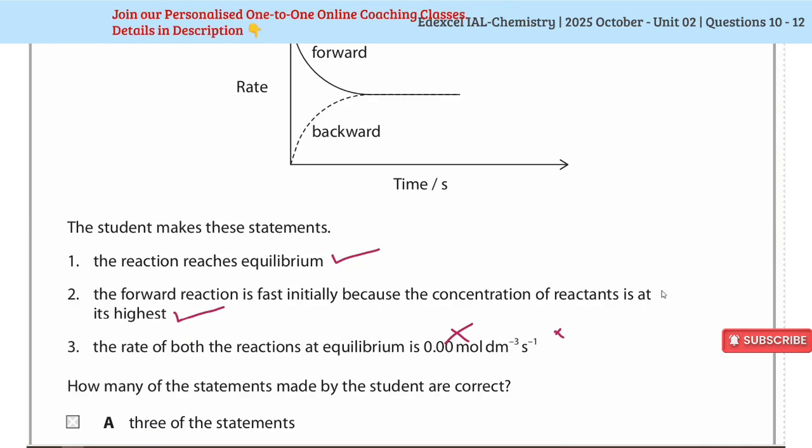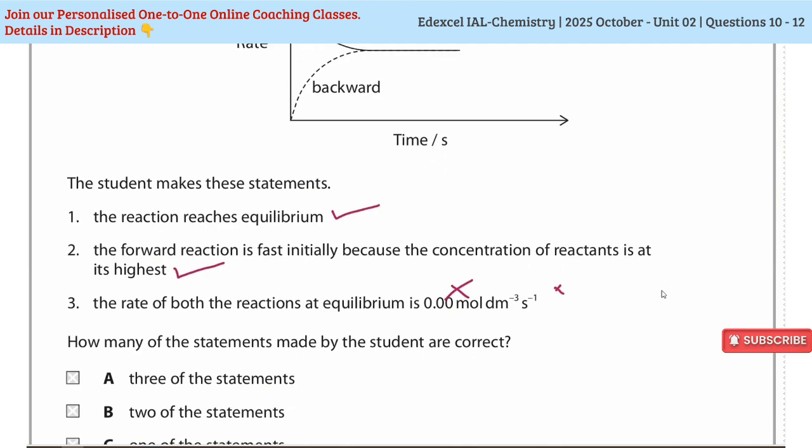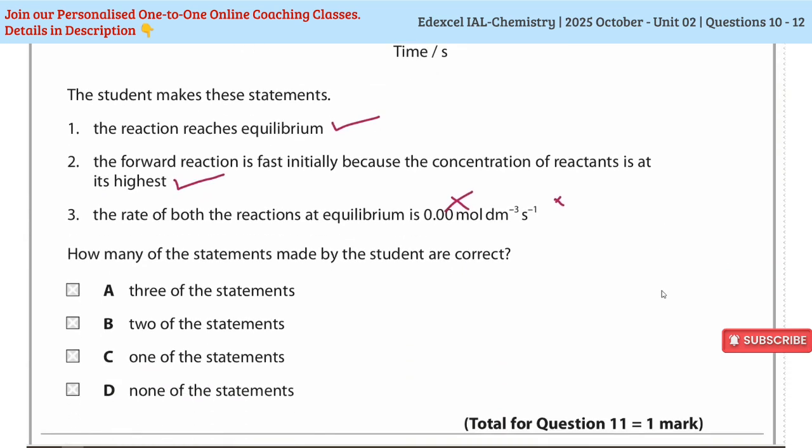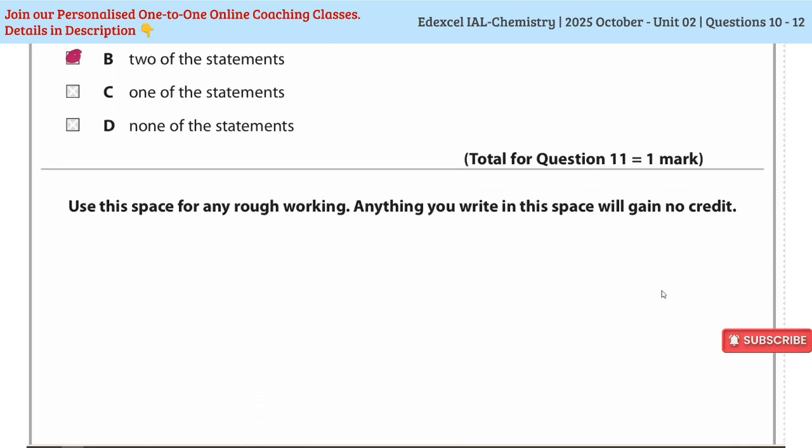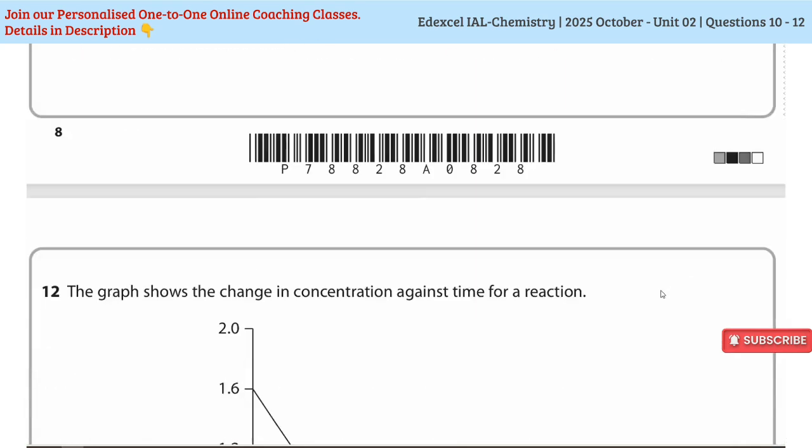The forward reaction and backward reaction go on, it does not stop, but the rate of the forward reaction is similar to the backward reaction, therefore the composition of the system does not change. So 2 of the statements are correct.